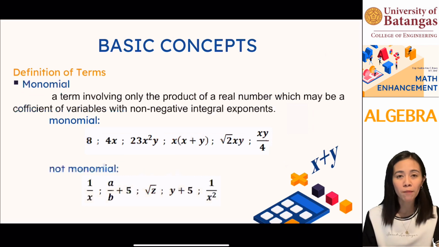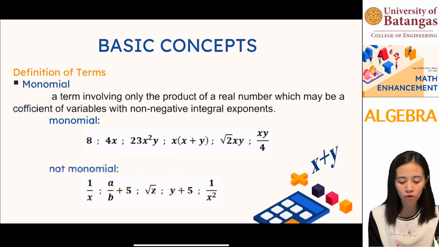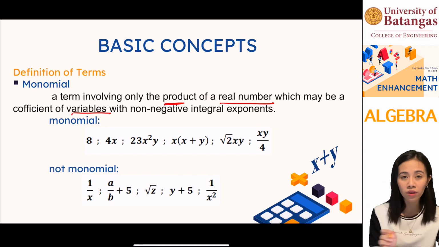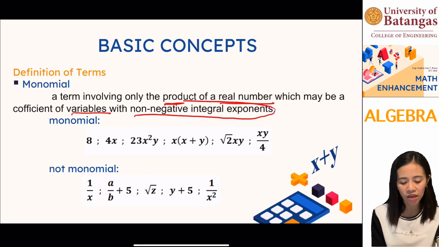Okay? So, a monomial is a term involving only the product. Okay? Ang isang monomial daw, ang laman niya ay product lamang ng real number which may be coefficient of variables. Okay, so product siya ng real number and variables kung saan yung variables mo contain non-negative integral exponents. So, halimbawa, meron kang 2x.